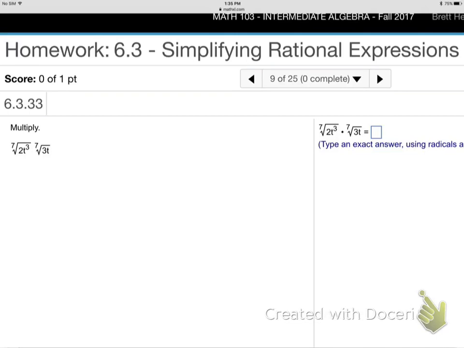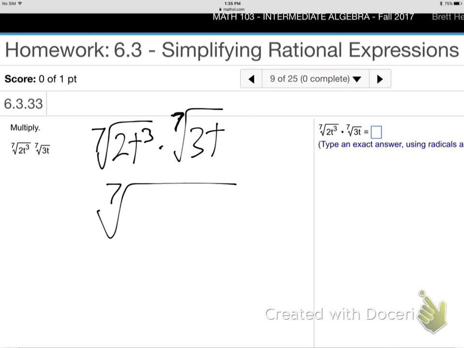So it's, let me write it a little bigger. 7th root of 2t to the third times 7th root of 3t. Nothing's coming out, huh? Just lump them together into one big 7th root. And there's not 7 of anything, so nobody's coming out.